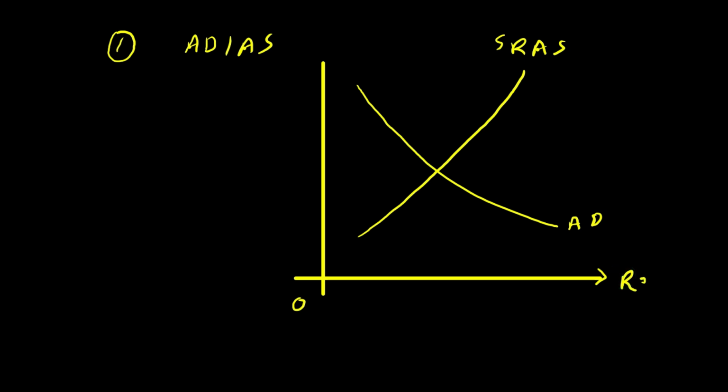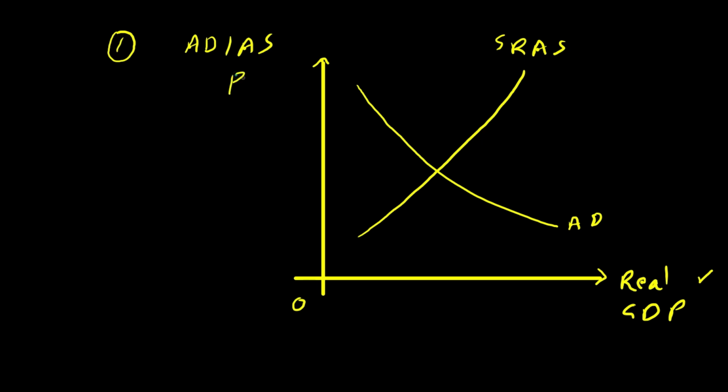We plot real GDP, so you must remember and try to memorize the variables used in this graph. You cannot write quantity here. What students generally do is write quantity demanded or quantity supplied, so that is incorrect. Rather you should write real GDP or real output.